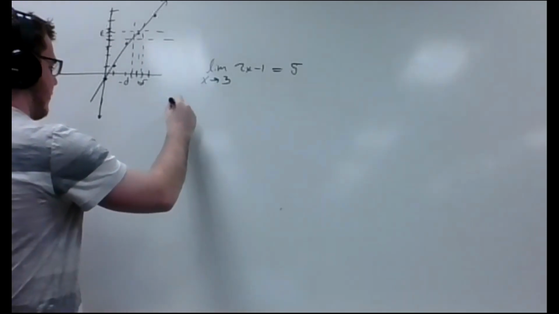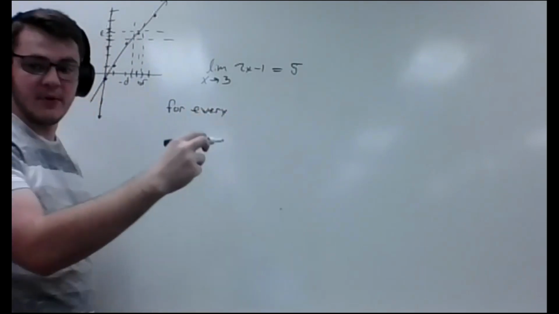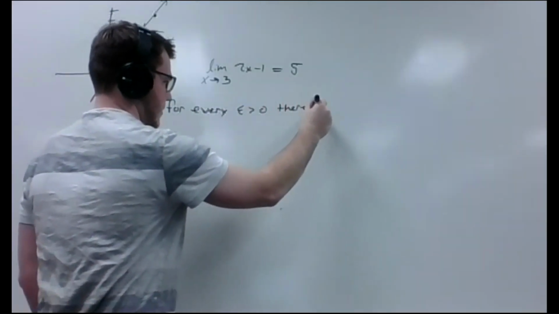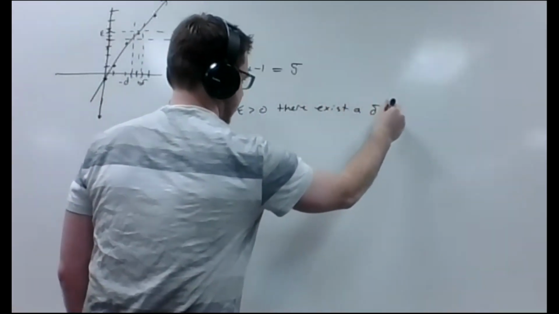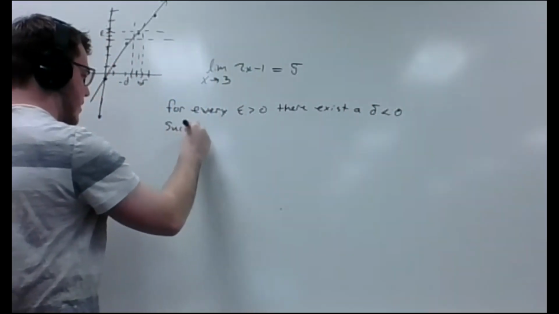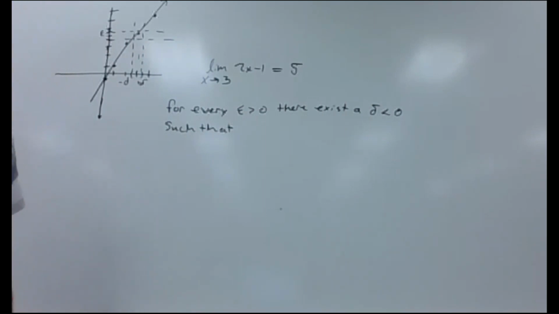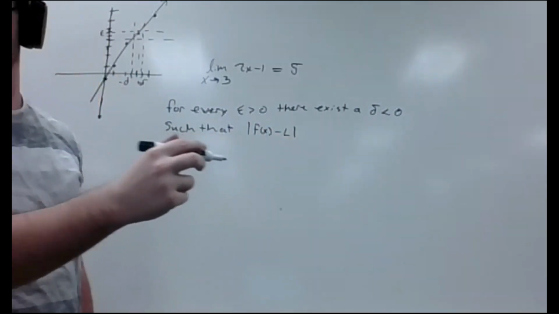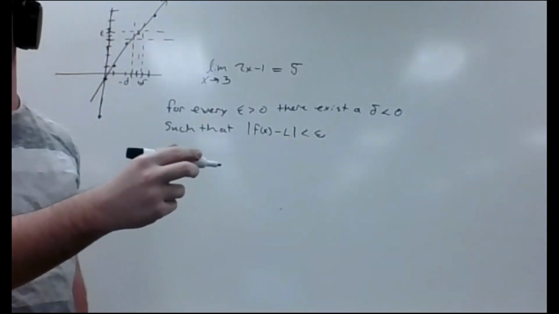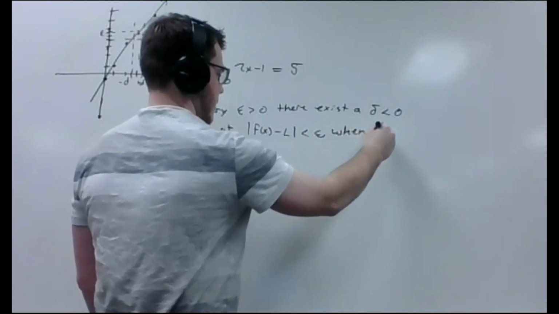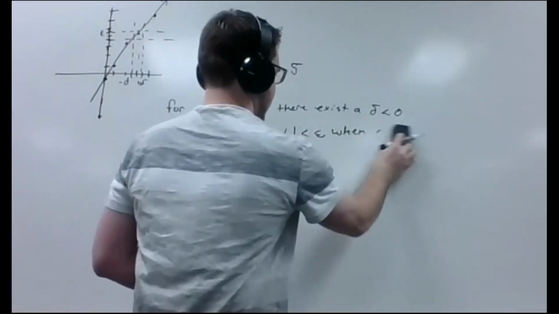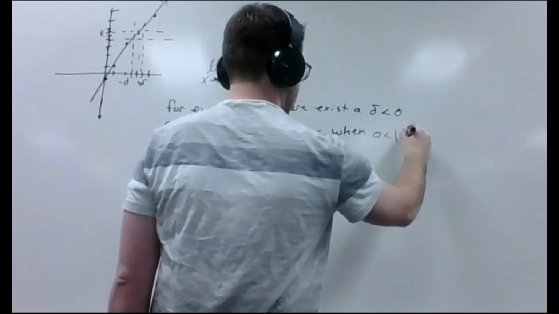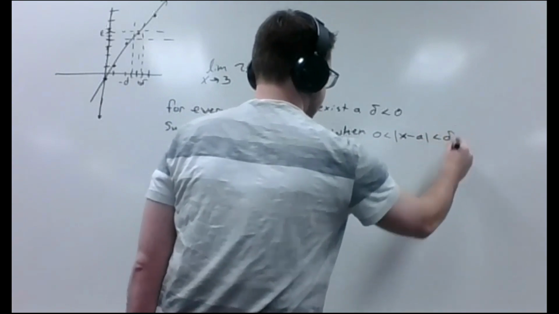But it's basically saying that for every epsilon greater than 0, there exists a delta greater than 0, such that our function minus the limit is less than epsilon when x minus our limit point is less than delta.